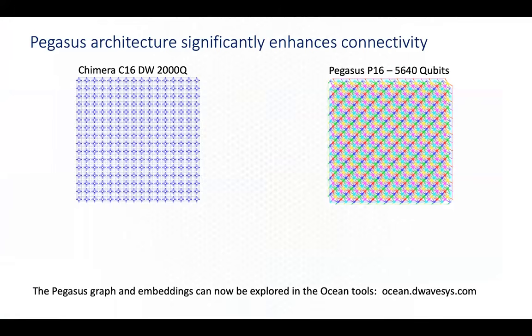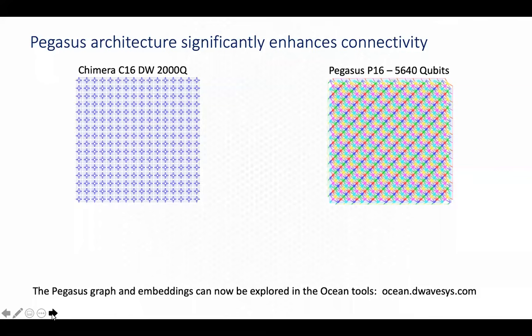I'll briefly talk about Ocean coming up, and there are also some webinars that have given an introduction to it. The Ocean tools are already there for exploring the embeddings and the architecture of the Pegasus layout. I'll show you a couple of graphs of that coming up just for fun.